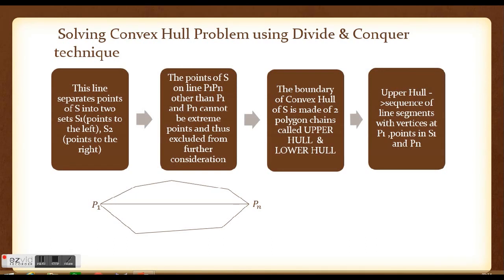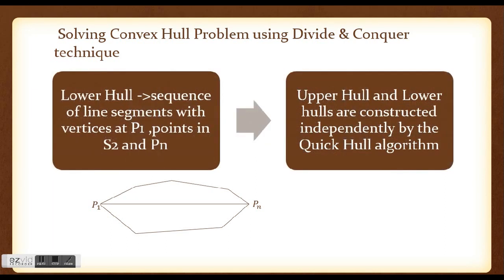The boundary of the convex hull of S is made of two polygon chains called the upper hull and the lower hull. The upper hull is the sequence of line segments with vertices at P1, the points in S1, that is the points above the P1 Pn line segment, and the point Pn, whereas the lower hull is the sequence of line segments with vertices at P1, Pn and the points below the line segment P1 Pn, that is the set S2.